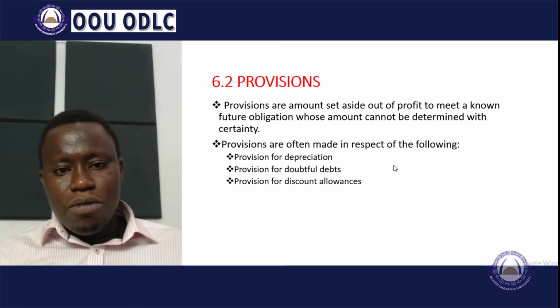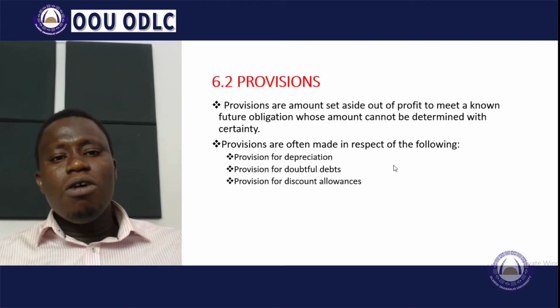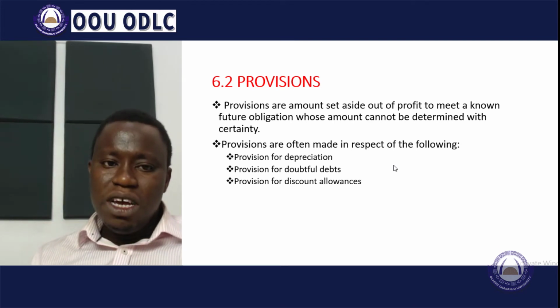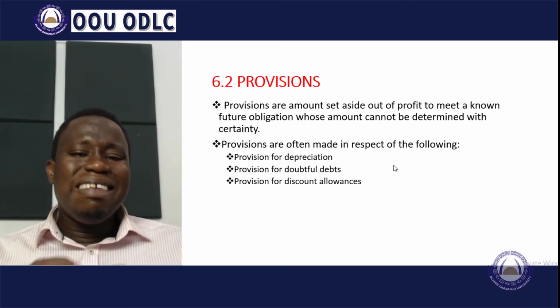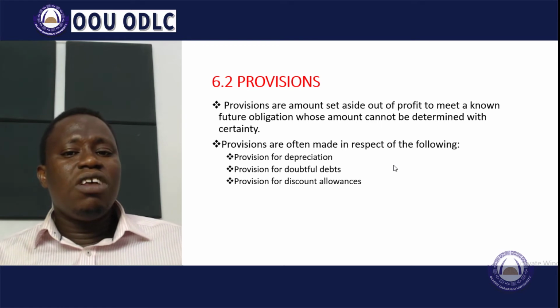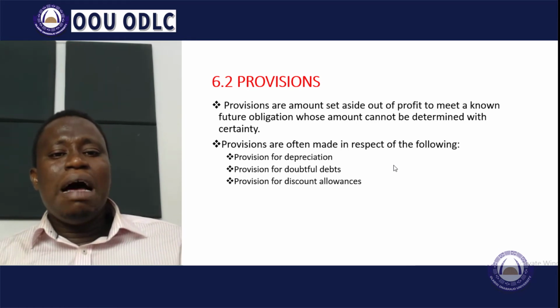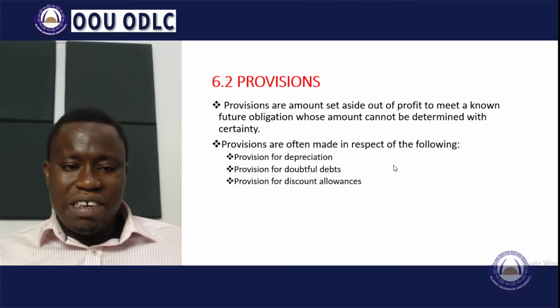Reserves, most times, are to meet unexpected future obligations. But provisions are set out of profit to meet future obligations that are known, but you cannot determine the amount of those obligations with certainty.